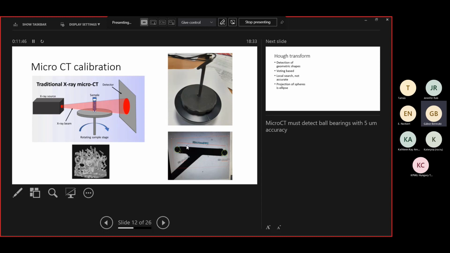So we measure the properties of these ball bearings, and we model how they should appear on the X-ray detector from a few starting parameters. Then, same as with camera calibration, we optimize the model parameters.